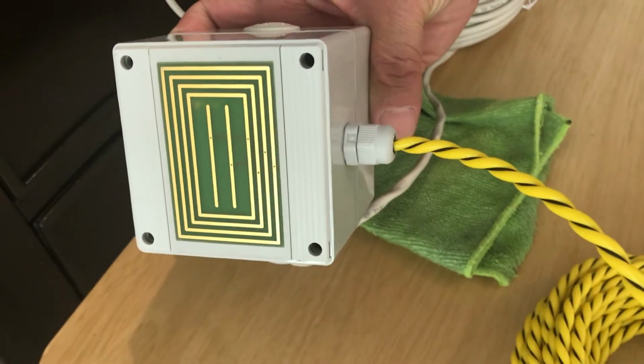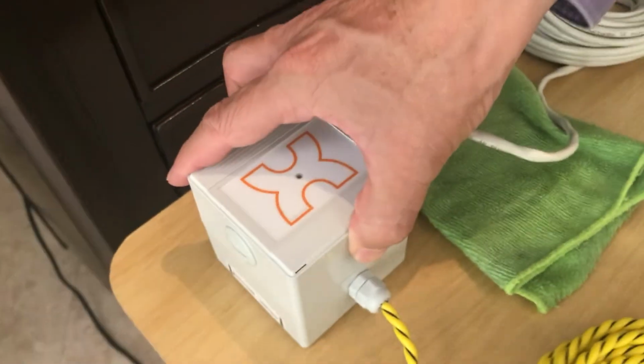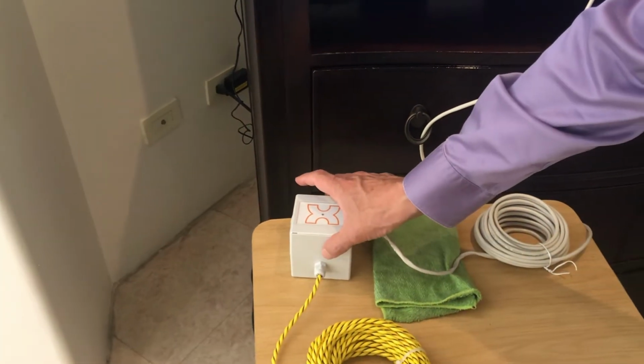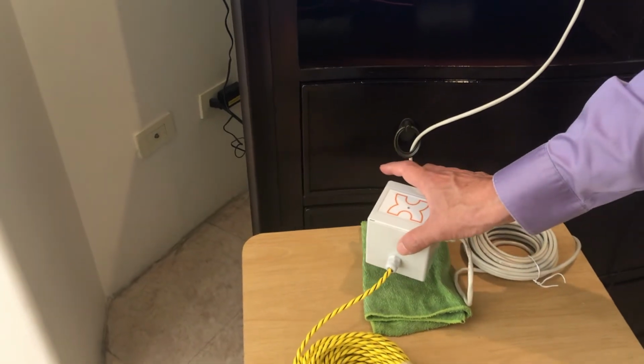the detection zone. So now, you can see the water alarm is in green. And now we are going to move this to the cloth that has a little water.